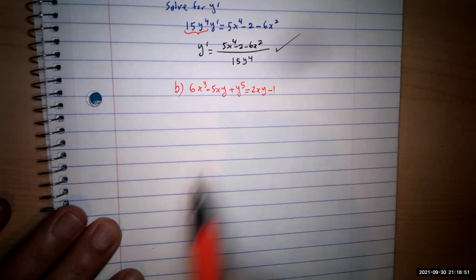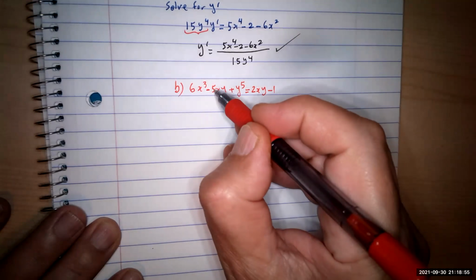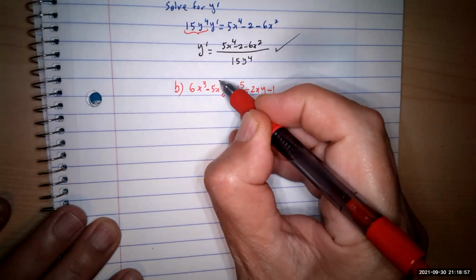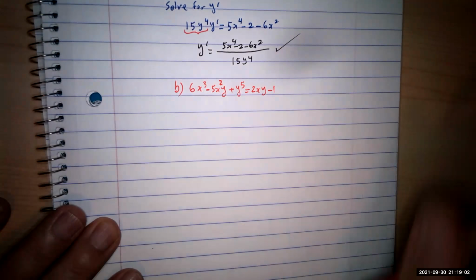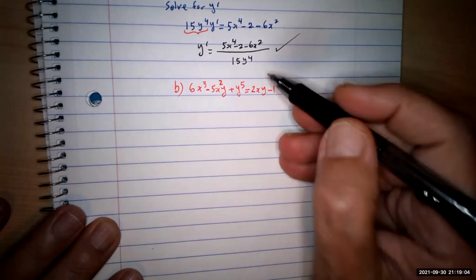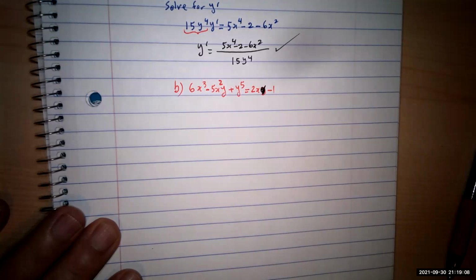So I changed one of them; suppose this is 5x squared. So the actual one is 6x cubed minus 5x squared y plus y to the fifth equal to 2x minus 1.